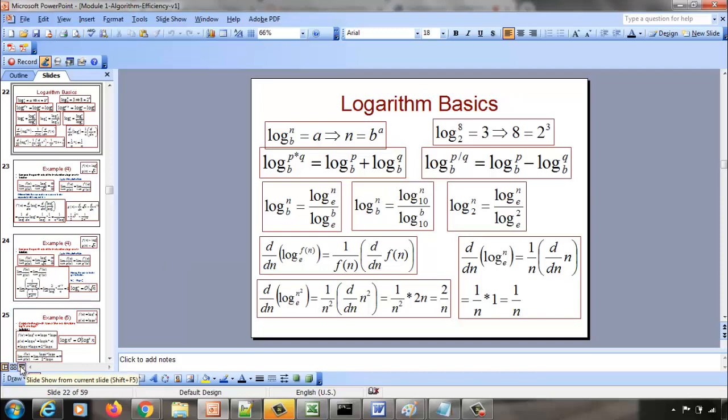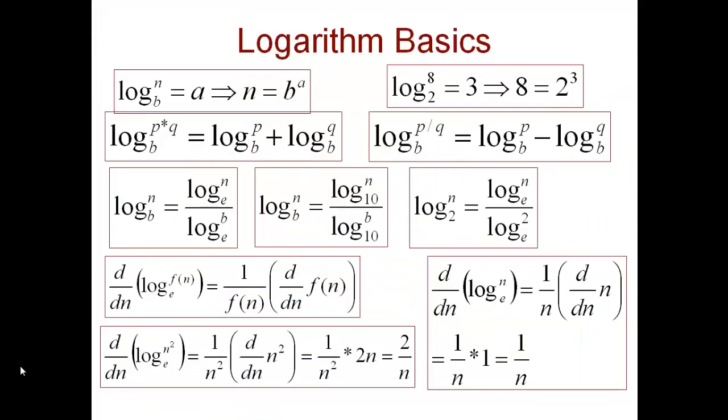So continue. Now multiplication: log p times q to the base b can be evaluated by splitting it. If it's multiplication, it is plus, so you split it like this: log p to the base b plus log q to the base b.